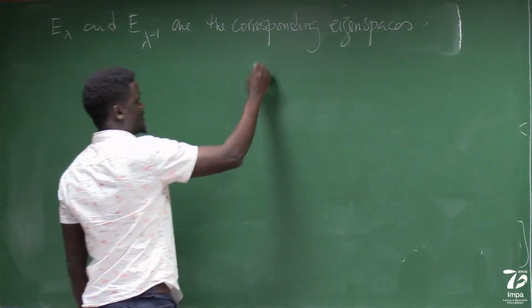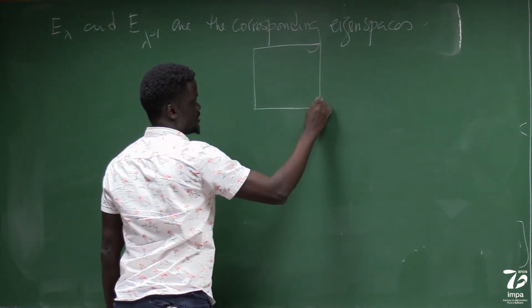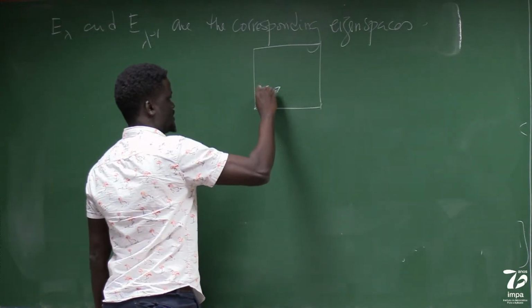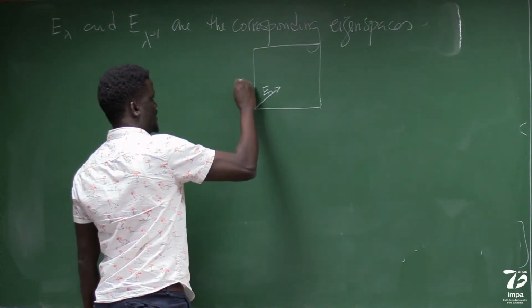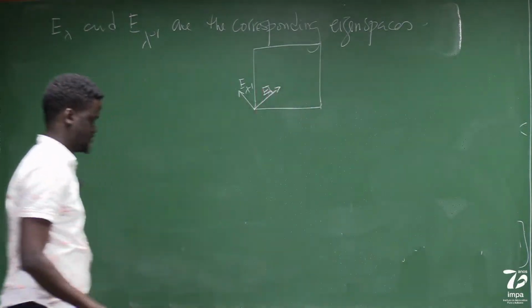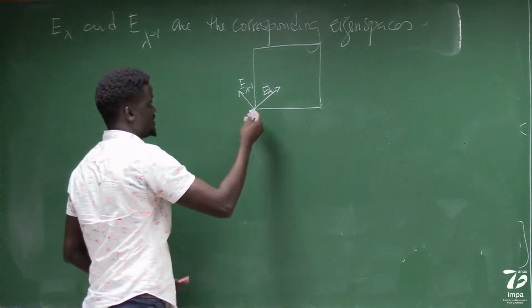This is your torus here, and this is E lambda, this is E lambda minus 1. Sometimes I like to write them in two colors.